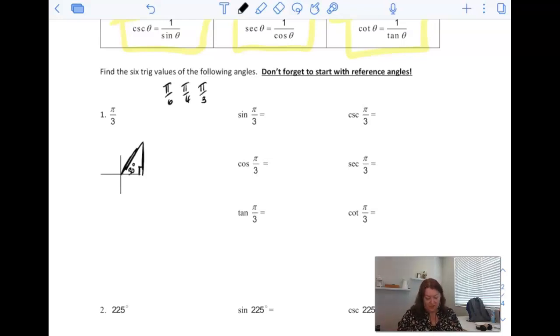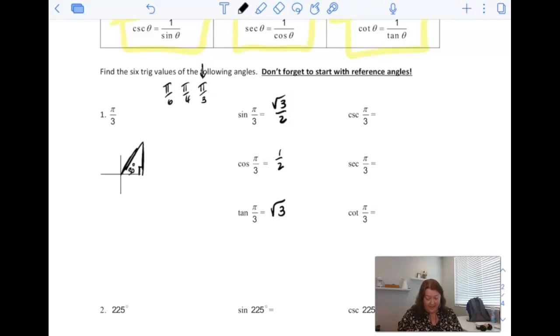So if you remember, sines went uphill, so this would be square root of 3 over 2. Cosines went, so sine was that one, cosine should be at the other side, so this should just be 1/2, and tangent should be those two over each other, which should just be a square root of 3.